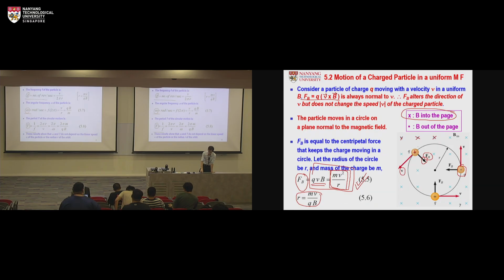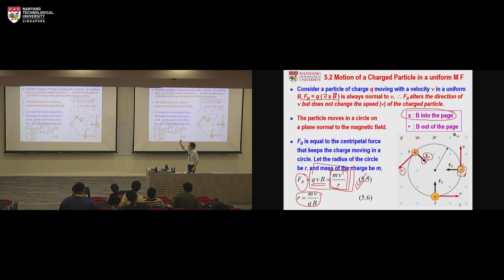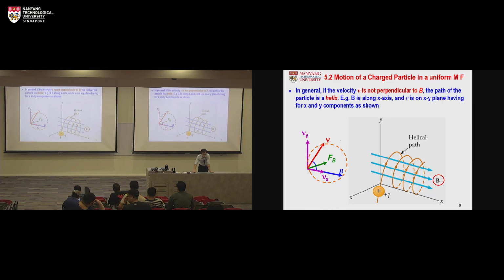And of course, here we are considering a simple scenario where V and B are perpendicular to each other, 90 degrees. If they are not, let's say this is your B and this is your V, and they are not perpendicular, of course, based on this one, you will still have a finite FB, right?